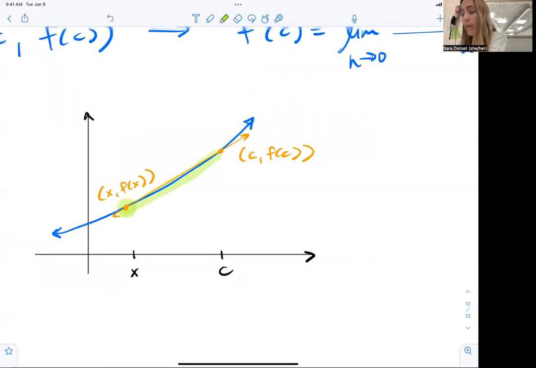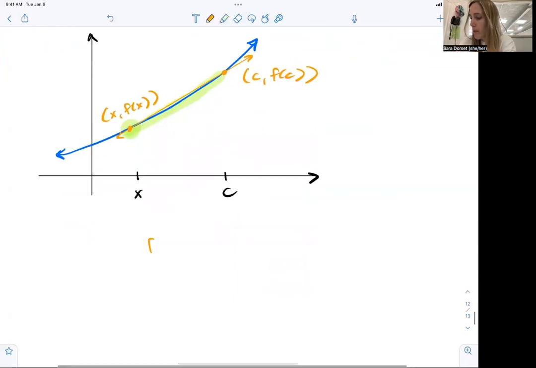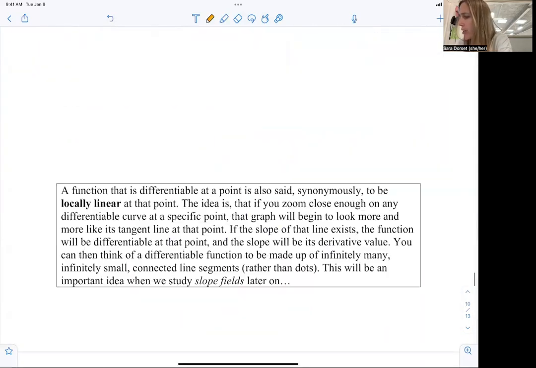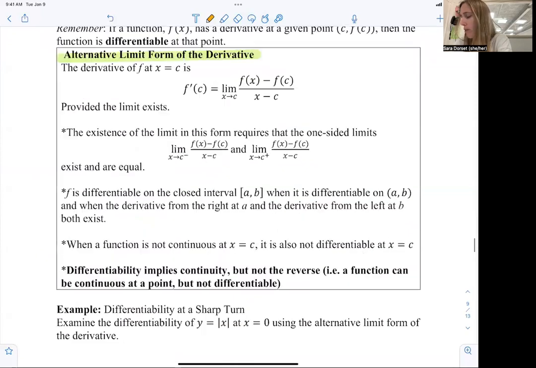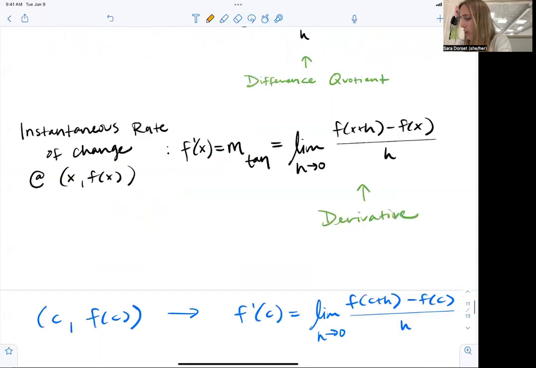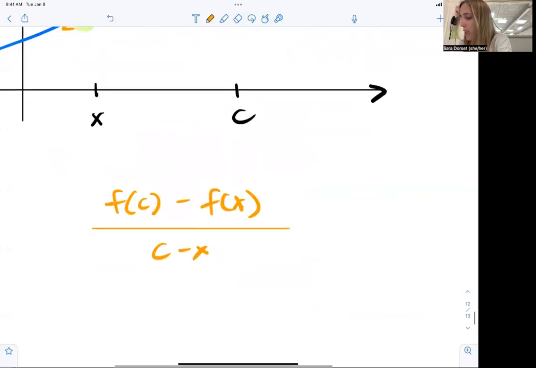Doesn't that make sense? And then the average rate of change for that picture would be f of c minus f of x over c minus x, or they did it the other way. It doesn't matter. They have it switched here. To match them, I'll switch it. But remember, that order doesn't matter, as long as you're consistent.